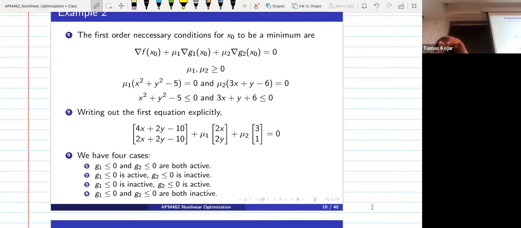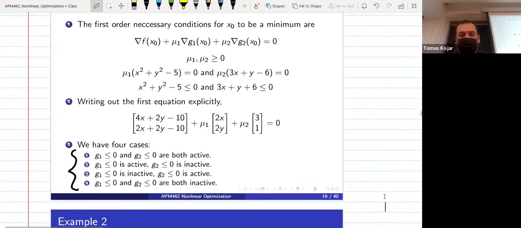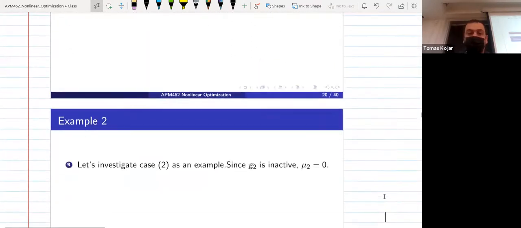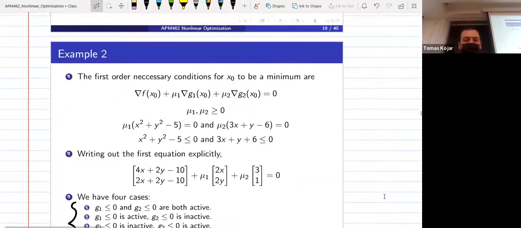In applications, you will not know the local min. So unfortunately, you have to run through all the cases and check the constraints. That's why I did this, because sometimes you don't know what the min is. So we're doing case 2.